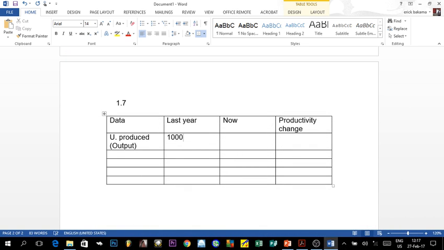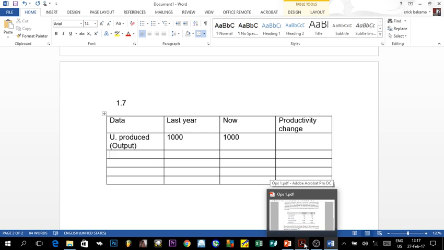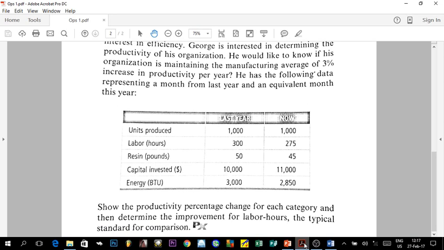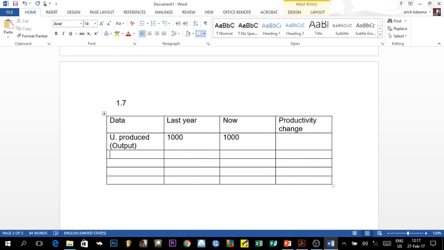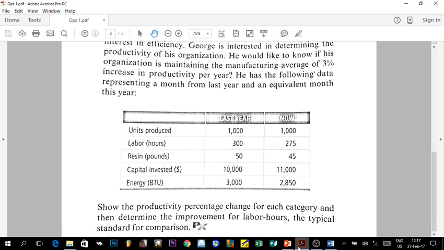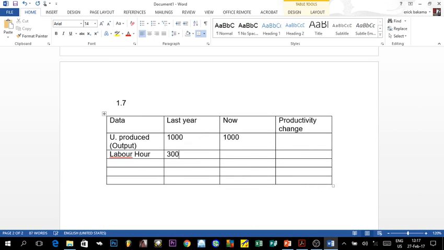This is only the output. Whatever comes now is the input. So we have the labor hours that were used. Last year they used 300 hours to produce everything, and now they are using 275. So it's 300 and 275 for now.